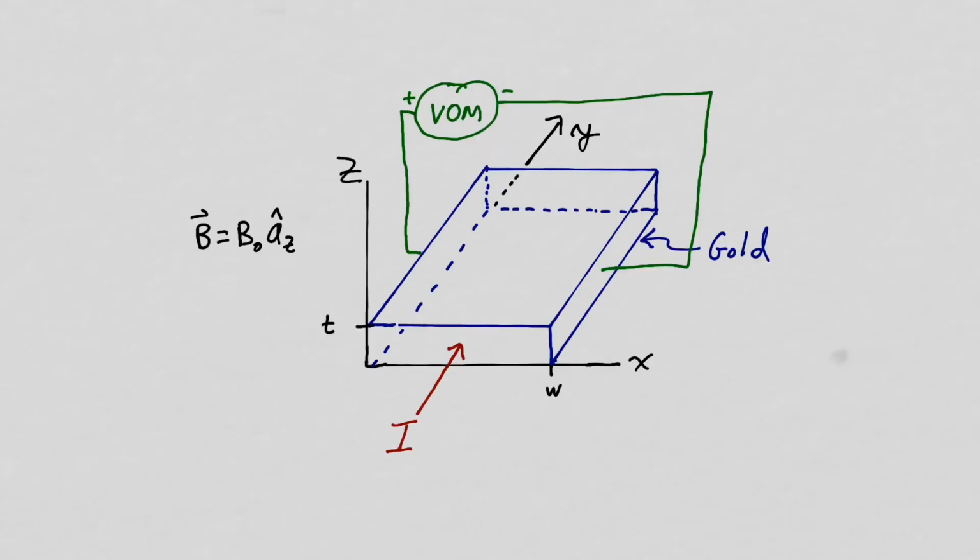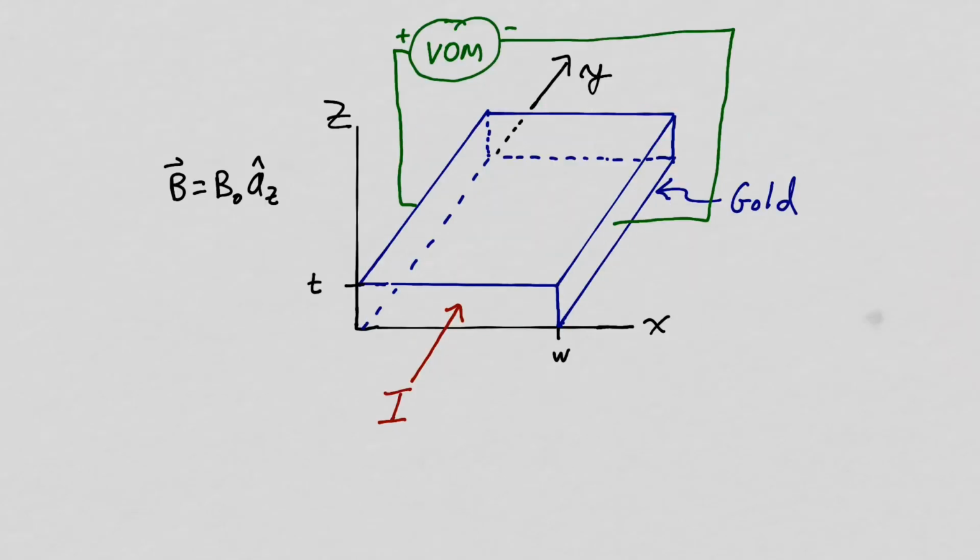Hall observed that with the current flowing, he would measure a voltage across the width of the sample in the x direction. We'll see that the sign of this voltage will tell us if the current is due to positive charges flowing in the y direction or negative charges flowing in the minus y direction.